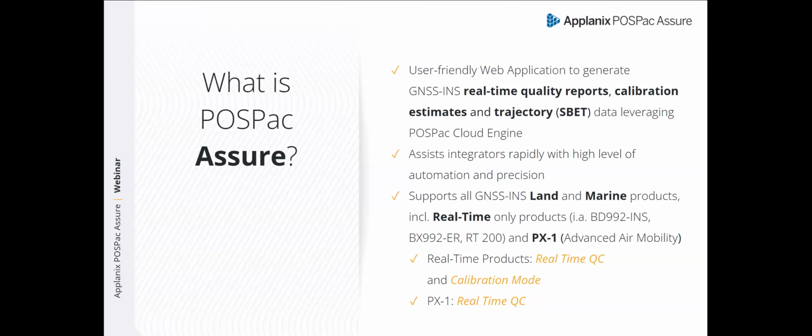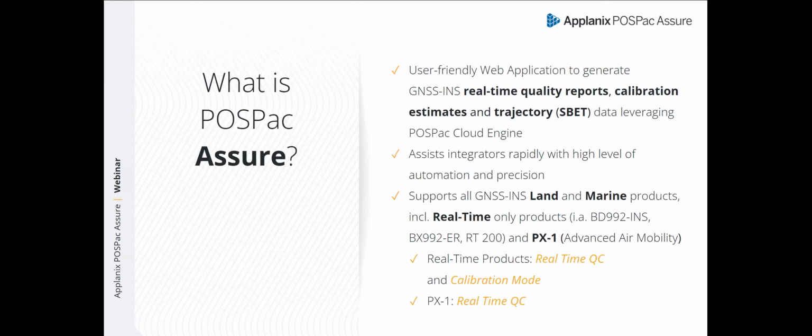And we're supporting basically all GNSS-INS land and marine products, including real-time systems such as the BD992-INS or the BX992-ER or the RT fleet such as the RT200, in addition to our advanced air mobility system called PX1.